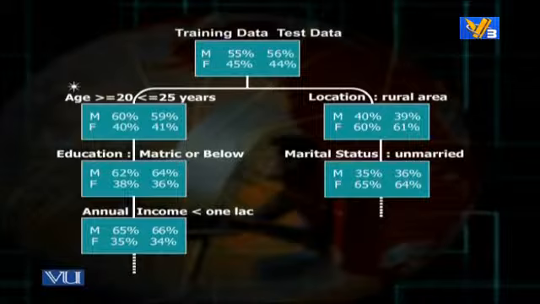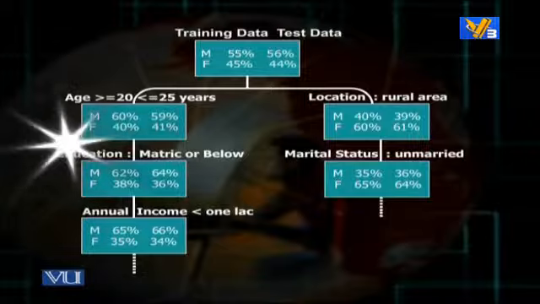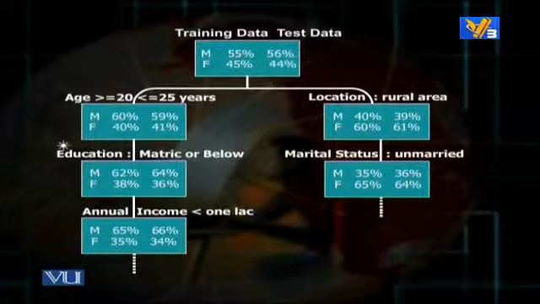In the case of age, where males are 60% in training, the test data has 59%, and for females 40%, the test data has 41%. Similarly, in the case of education, when the training data shows 62% for matric or below, the test data shows 64%. And for females, 38% for training and 36% for test data.